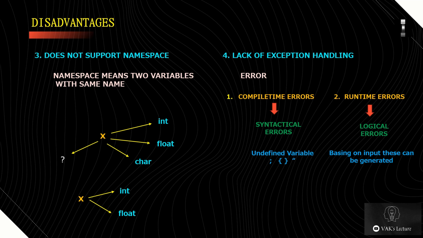These types of errors can be handled by exception handling, and exactly these should be handled. But in C programming language, these types of errors cannot be handled. So C language has a lack of exception handling. So these are the disadvantages of C programming language.